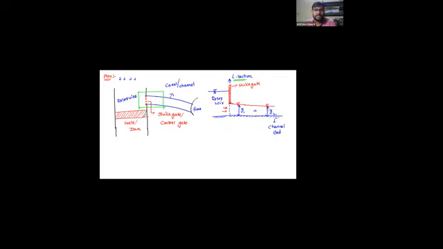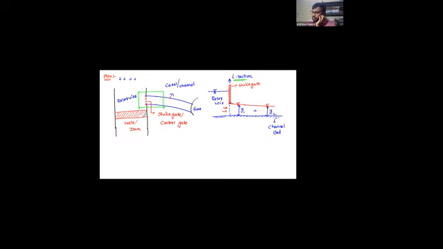I hope you remember, what is the meaning of zero acceleration? Constant velocity, right? Because acceleration means rate of change of velocity. What is acceleration? dv by dt. Yes or no? So if I say constant velocity, then what is the change in velocity? Zero. Then acceleration is also going to be zero.